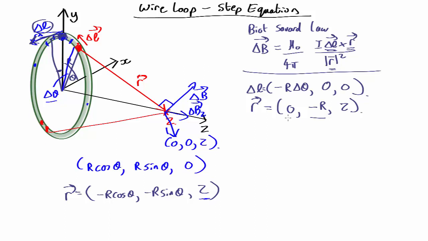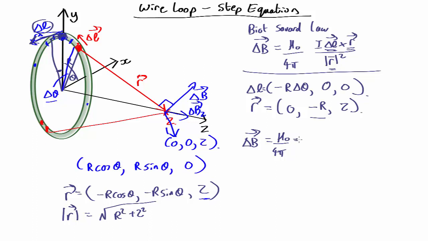Okay, so if we plug this all in, we find that delta B is going to be mu0 over 4 pi. Now we can calculate mod r. It's just going to be the square root of r squared plus z squared in this case.